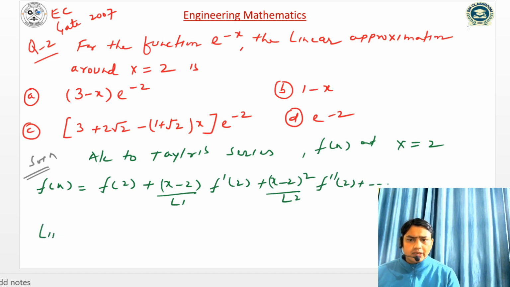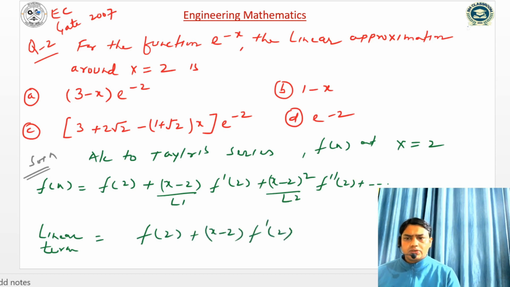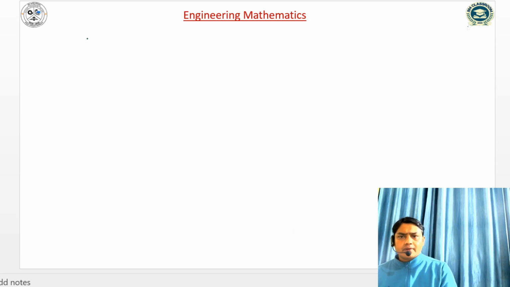So the linear term is f(2) plus (x minus 2) into f dash (2). So if I compute, f(x) is e to the power minus x. So f dash (x) is minus e to the power minus x.